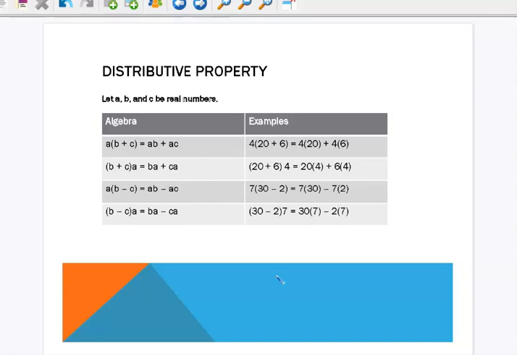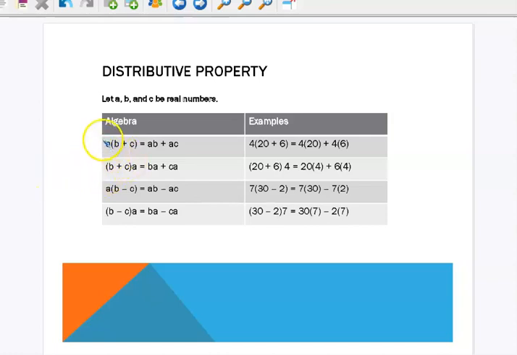So here in this table, I'm going to show you some operations with the distributive property. Now what I like to tell people is with the distributive property, I'm taking whatever is on the outside of the parentheses. Okay, and notice there's no operation, no addition sign, no subtraction sign, so it indicates that we're multiplying.